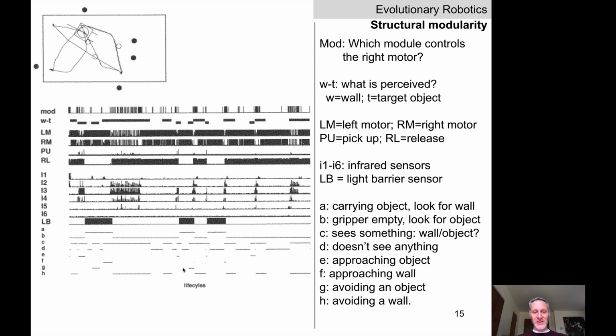So you can go through the rest of these. The takeaway from this very complicated figure is whatever modules, the way in which evolution has carved up the overall behavior of cleaning up the arena here doesn't seem to map to any of the ways we might carve up this task into subtasks. Okay.